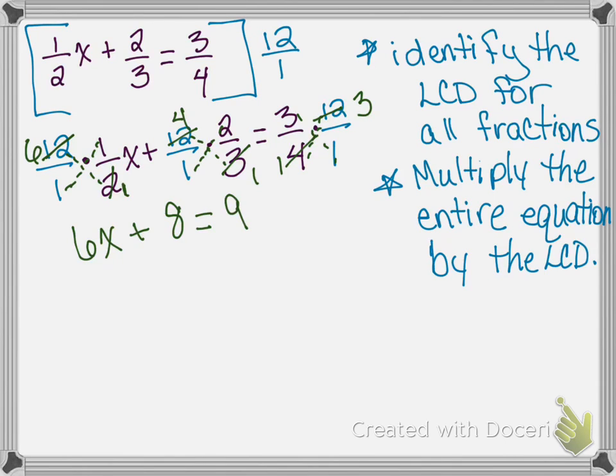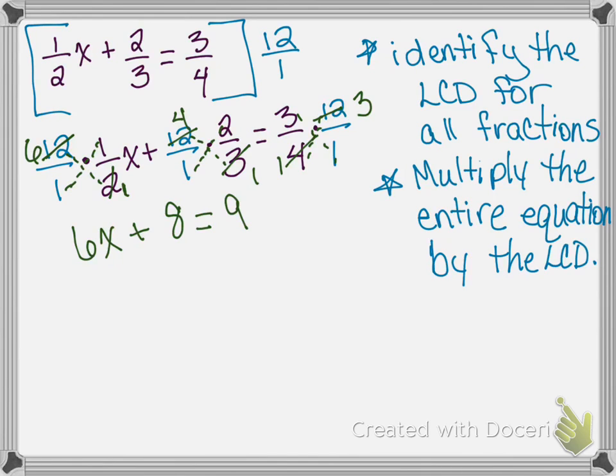Now, is 6x plus 8 equals 9 easier to deal with than 1/2 x plus 2/3 equals 3/4? Yes. Okay? Now, the key to this is that we have an equal sign. And we are solving for something.